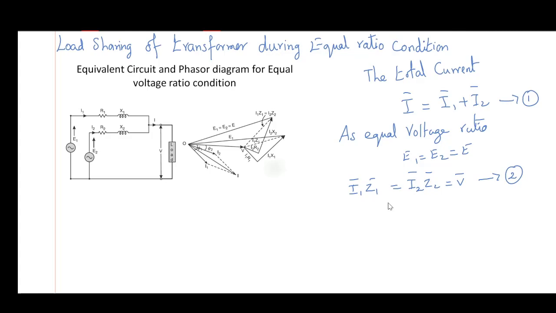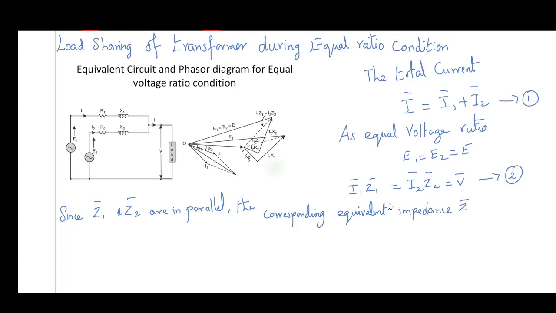Since Z1 vector and Z2 vector are in parallel, the corresponding impedance Z bar is given as follows.